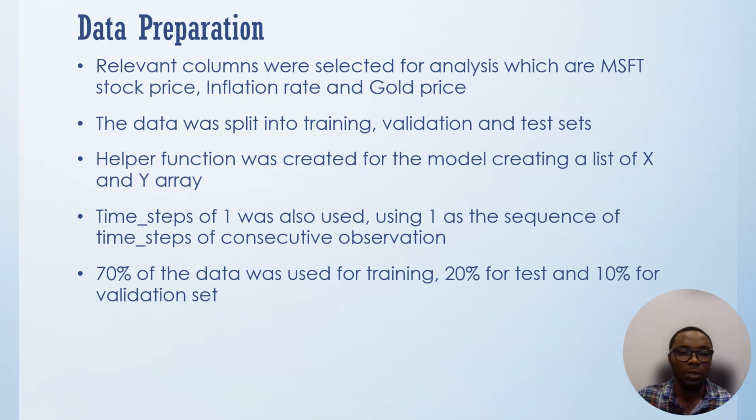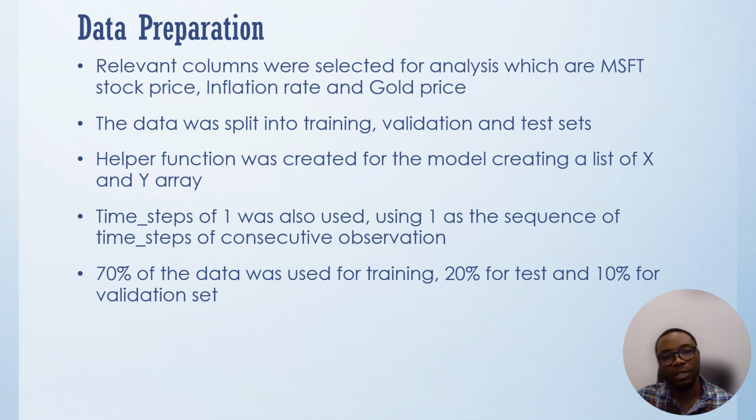So we are going to prepare our data. The relevant columns have been selected: the Microsoft stock price, inflation rate, and gold price. Then we split the data into training, validation, and test data sets. We add a helper function to create X and Y, creating a list for the X and Y arrays.